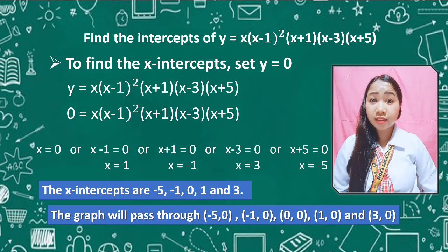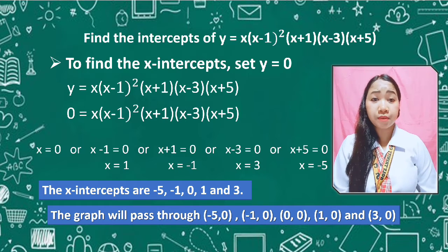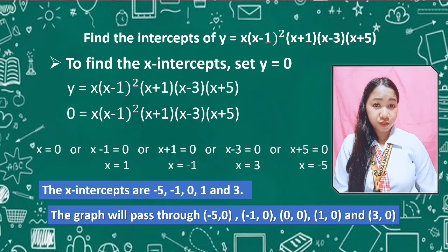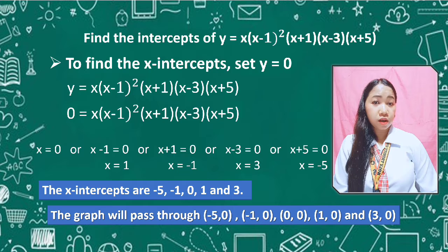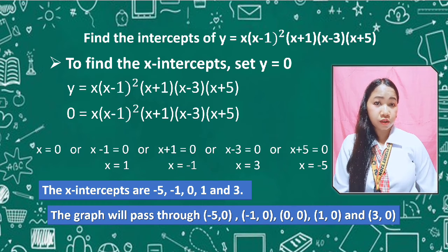To find the x-intercepts, since it is already factored, let's just equate each factor to 0 and solve. So, we have now x equals 0, x minus 1 equals 0, x plus 1 equals 0, x minus 3 equals 0, or x plus 5 equals 0.